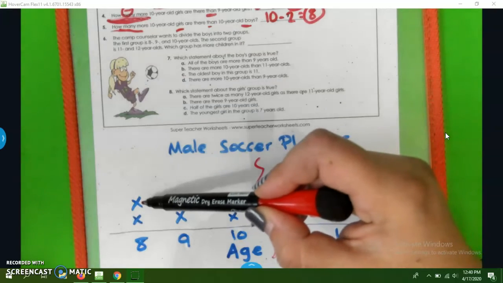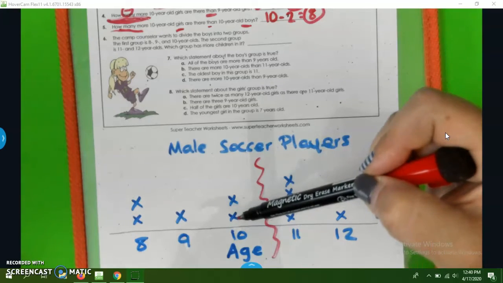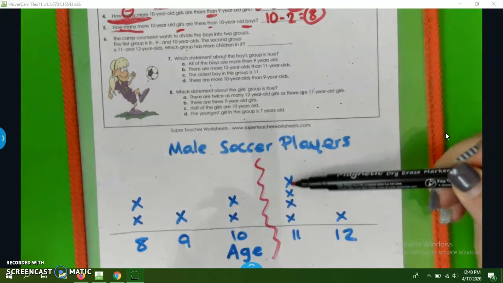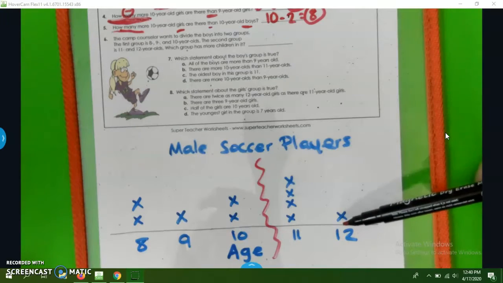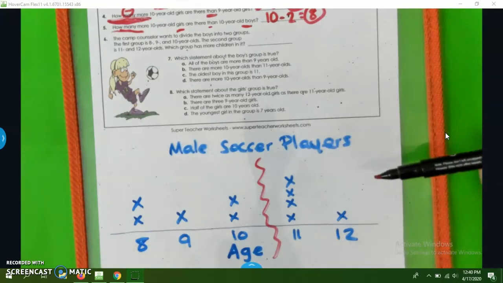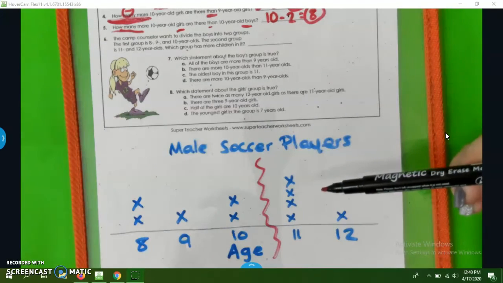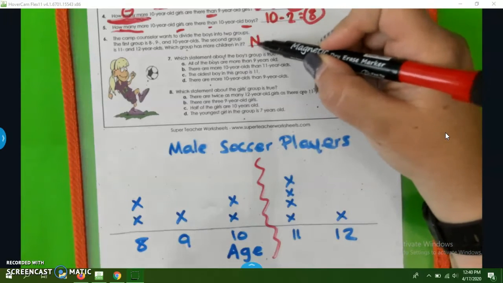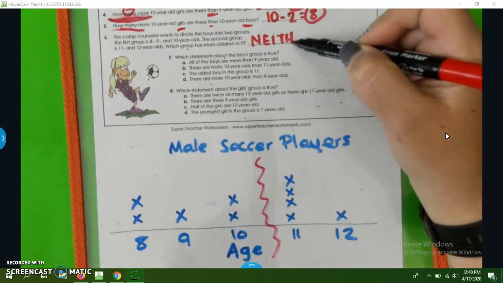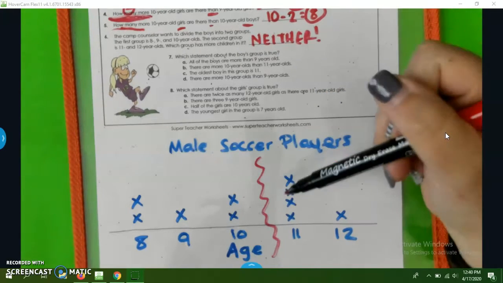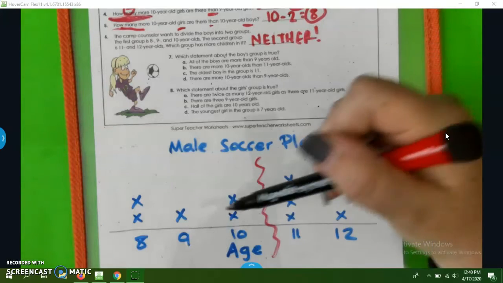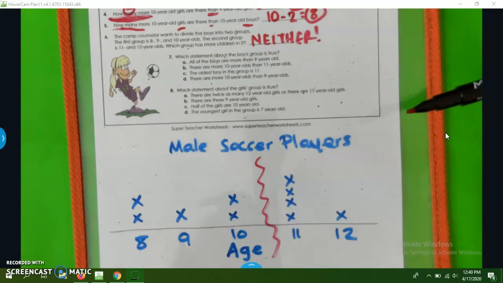So this side has 1, 2, 3, 4, 5 kids. This side has 1, 2, 3, 4, 5 kids. So to accurately answer that question, which side has more children, our answer here would actually be neither, because when we split the boys, there ends up being 5 on both sides.